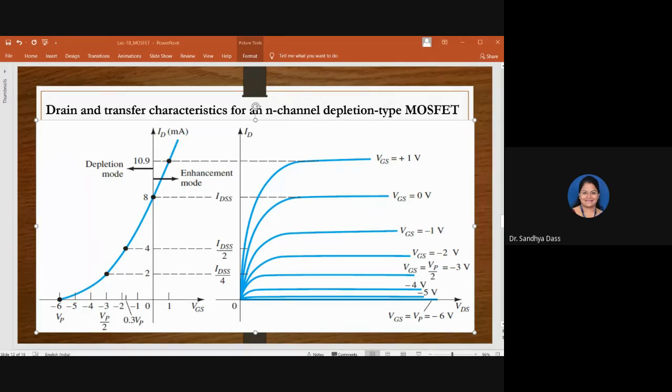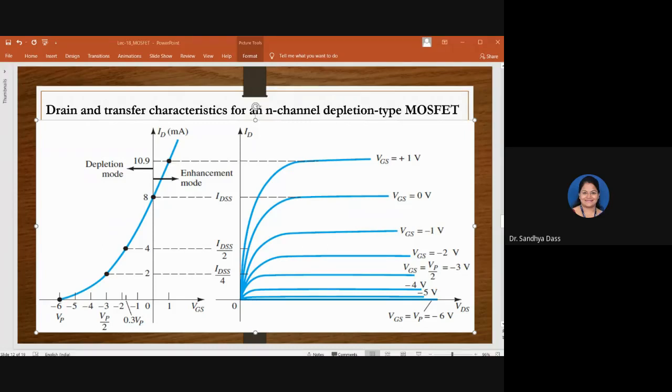ID is equal to IDSS into (1 minus VGS by VP) the whole square. If you rearrange that equation, taking the square root on the right-hand side and so on, you can get an equation in terms of VGS. That also will give you the relation between VGS and ID.